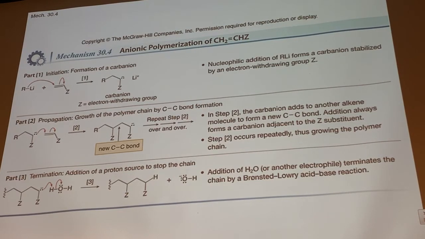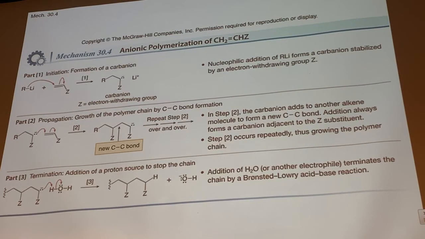And if the concentration of our monomer is much higher than the concentration of our initiator, then once we get this anion, it's going to react with another monomer, and so on and so forth, until we start to reduce the concentration of the monomer, and we have very, very long chains. Okay?